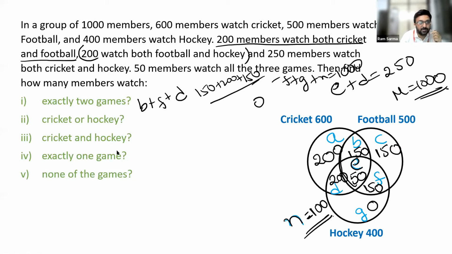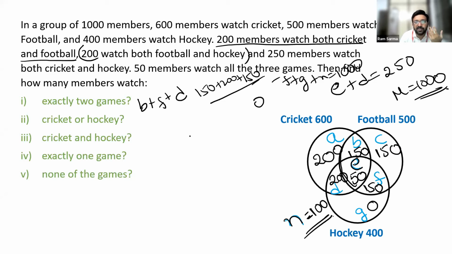Second one. What is the second question now? Cricket or hockey, or is union? Can you guys tell me the answer for the second one? Cricket or hockey? I think 200 is not the correct answer.